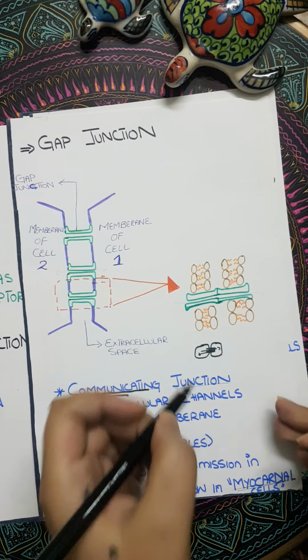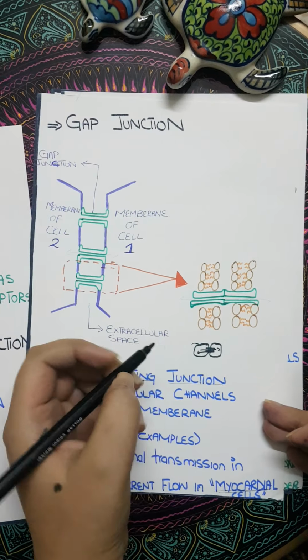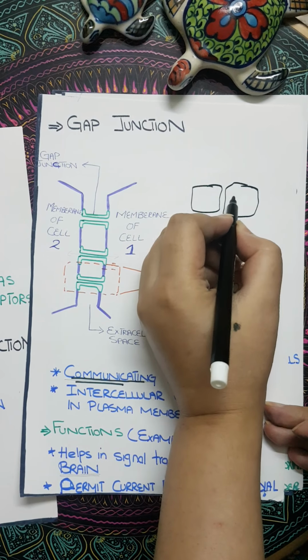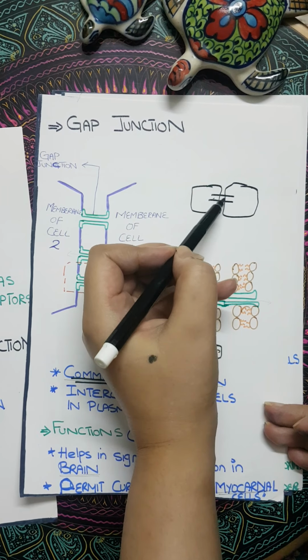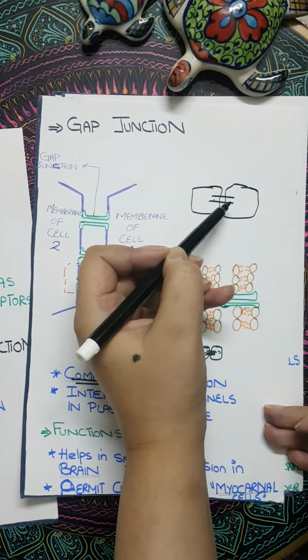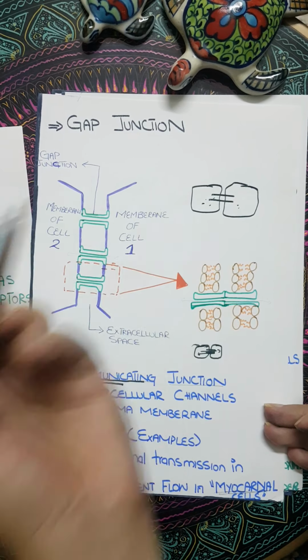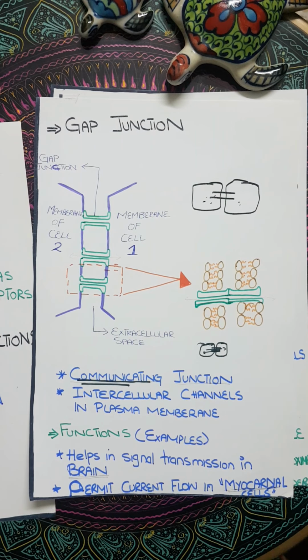For example, we have this cell and the other cell, cell 1, cell 2, and just imagine it as a bridge, a channel connecting these two individual cells together.